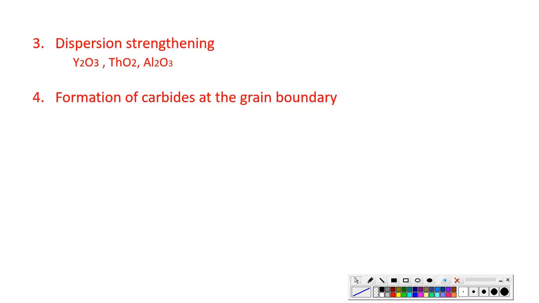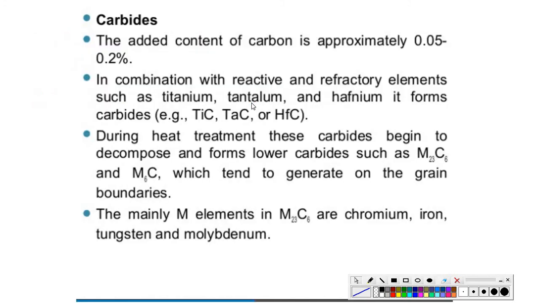Another strengthening mechanism is dispersion strengthening. Yttrium oxide, thorium oxide, aluminum oxide Al2O3, etc. may be dispersed in the material as a dispersed phase, and that also increases strength. And the formation of carbides or borides at the grain boundary also increases the strength of the material. So these are the carbides. We add carbon content of 0.05 to 0.2%, and these carbides combined with some refractory elements form TaC or HfC.